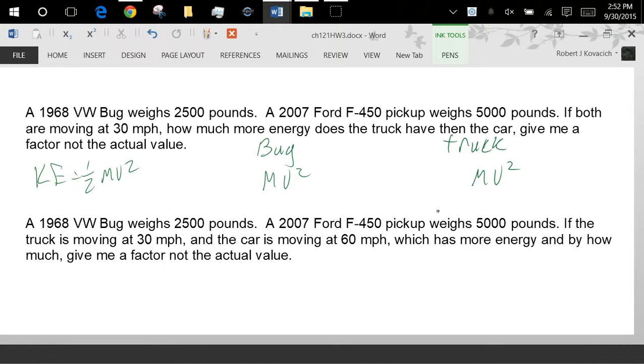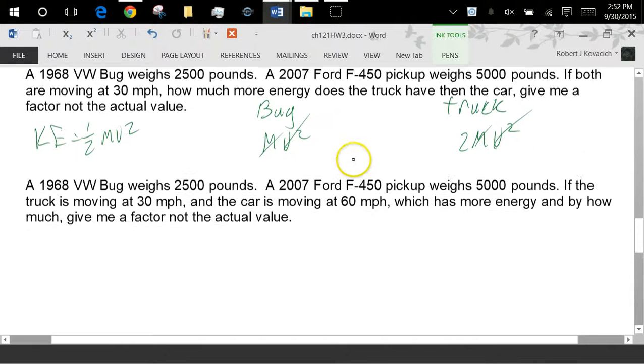This truck is 2 times the mass. If the bug has this m mass, then the truck is whatever that mass is times 2, because we were given the fact that it's 5,000 pounds. Okay, what about the velocity values? They're exactly the same. So what can I do with the velocity values? The velocity values disappear, the m's disappear, and then what's the difference between the two? So the truck has double the kinetic energy.